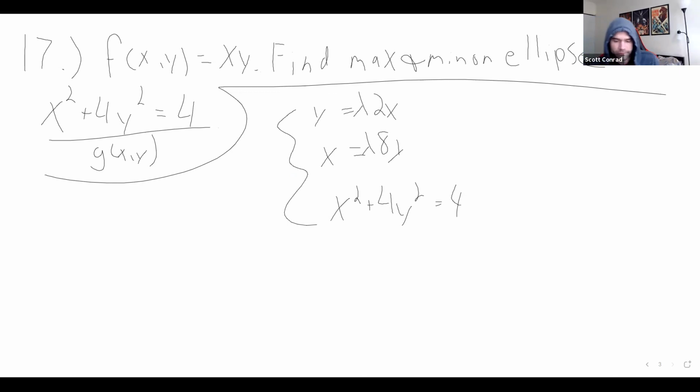First order of business, can lambda be 0? Are there any x and y which satisfy these equations if lambda is equal to 0? So is that a possibility here?